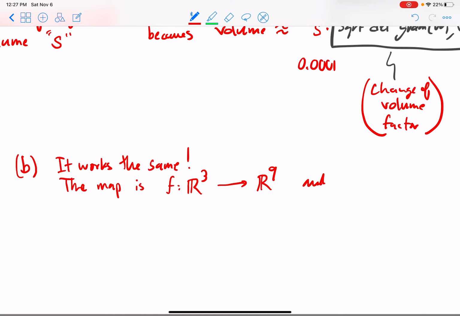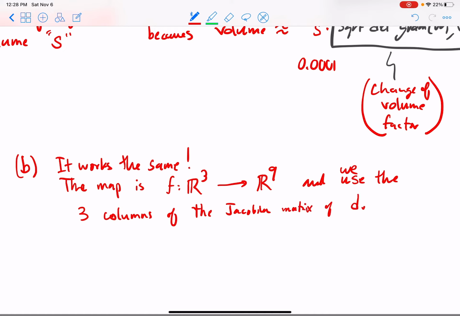And we use the 3 columns of the Jacobian matrix, of DFP, of the derivative.